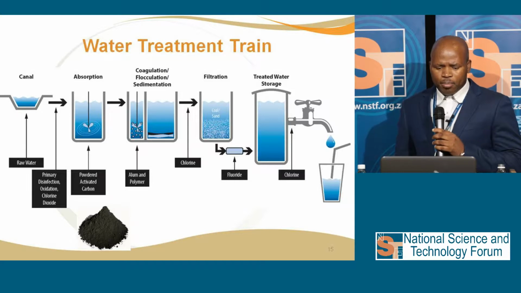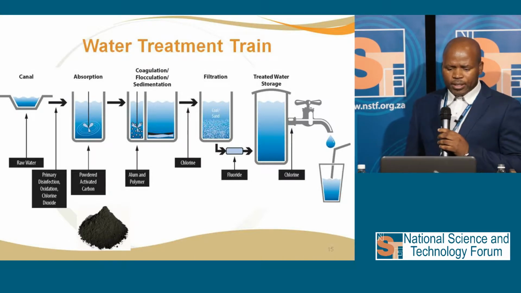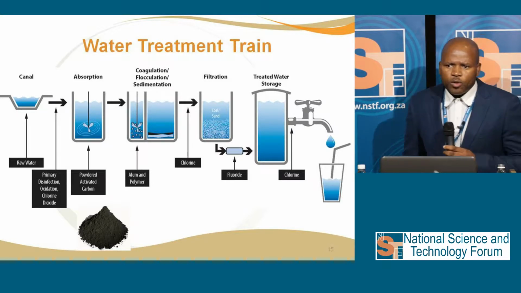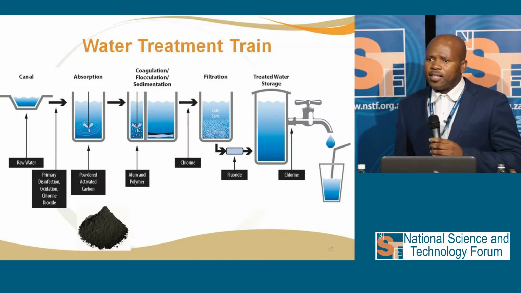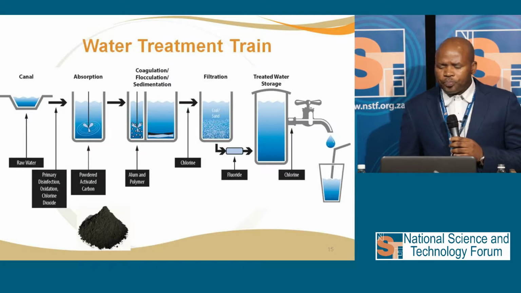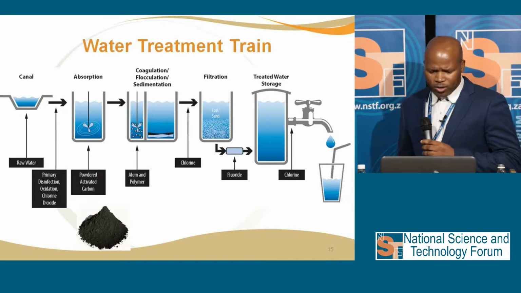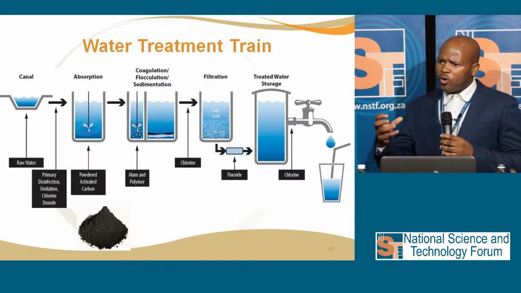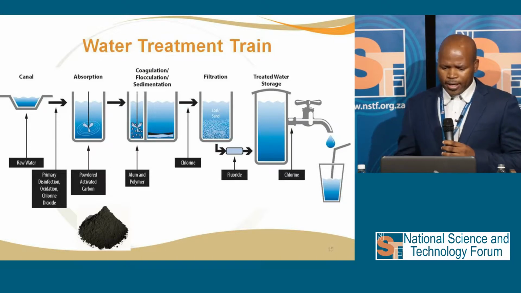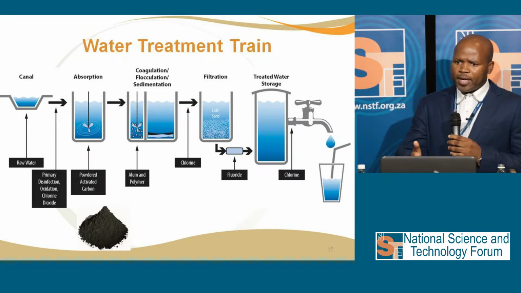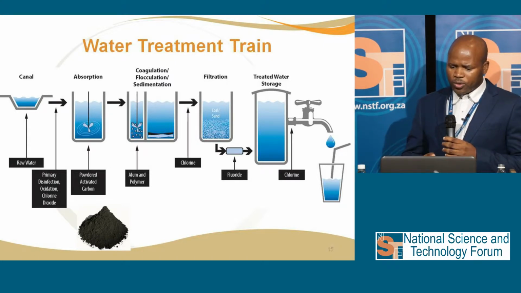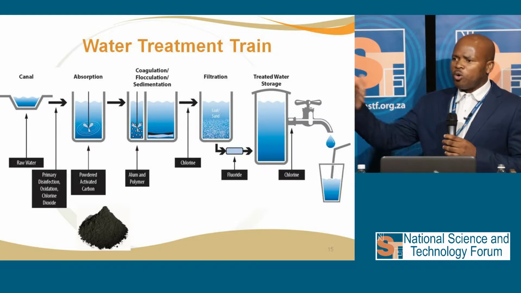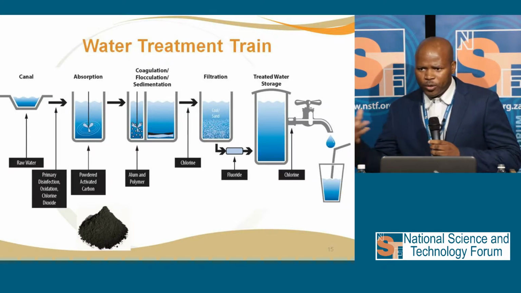And then the third step talks about coagulation, where we are using things such as aluminum oxide and various other materials such as iron oxide as coagulant in that process, followed by another step called fluorination, where you use chlorine and fluoridation, and then it goes all the way to the final step where you actually get your water.